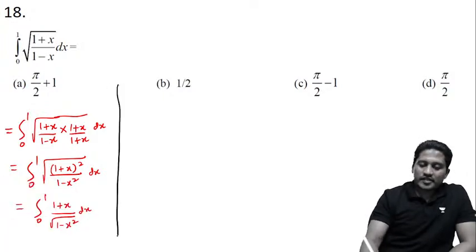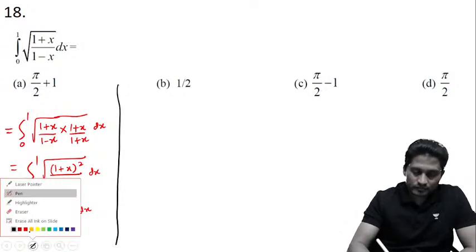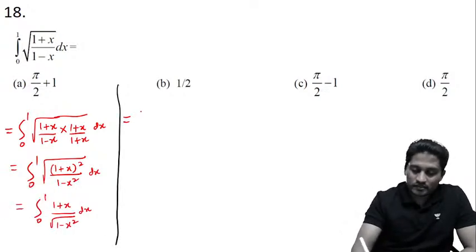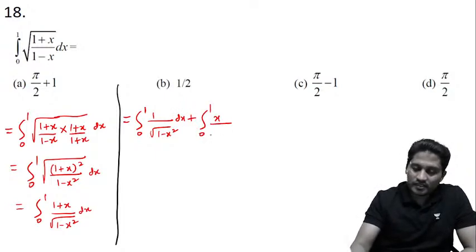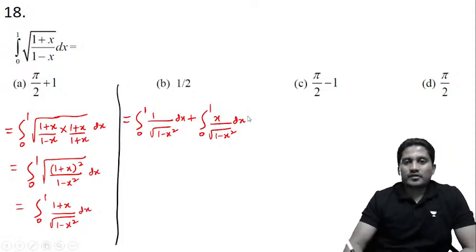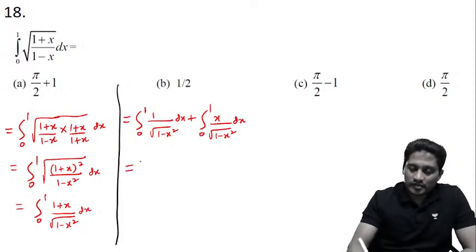Right, now if I separate this, it is 0 to 1, 1 divided by root of (1 minus x square) dx, plus 0 to 1, x divided by root of (1 minus x square) dx. Now this is 0 to 1, 1 by root of (1 minus x square) dx.